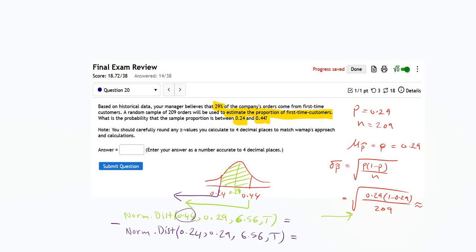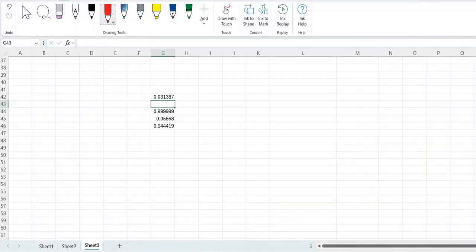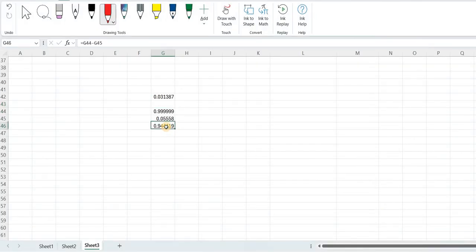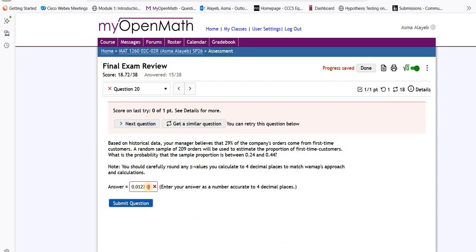It is 0.031387. So if you fix that, then the area in between is going to be this probability right here, and that should be the correct answer. You don't have to round it. You can just plug it as it is.